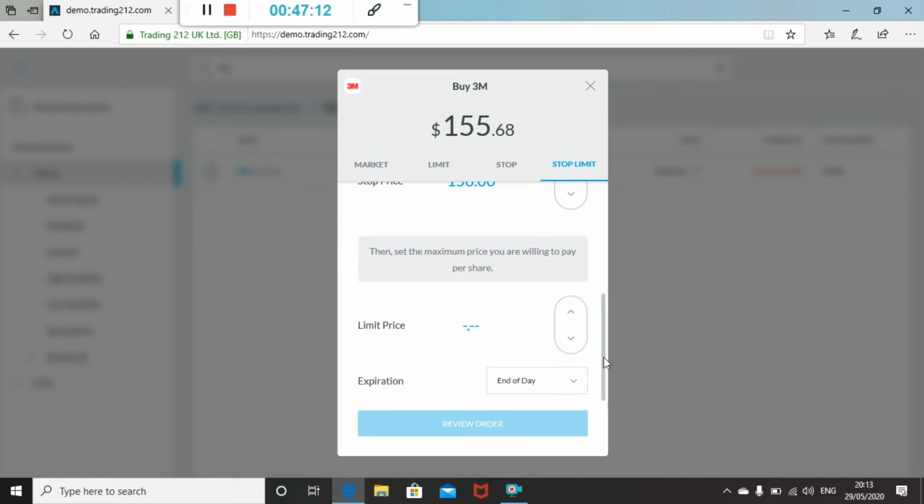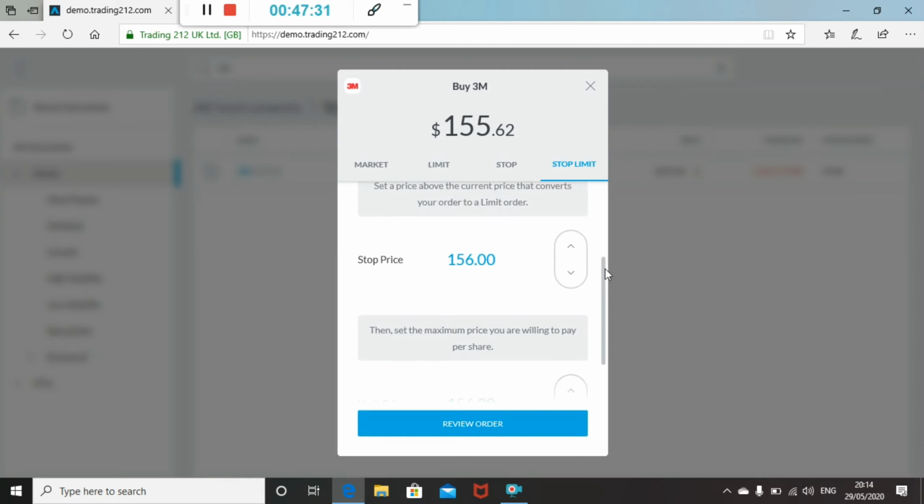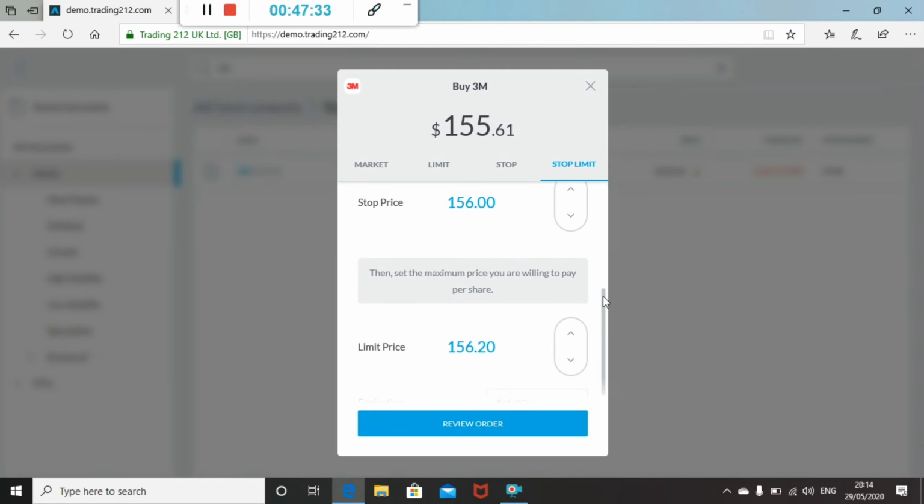If the price at any point hits 156, then we want to buy. But let's say we don't want to pay more than 156.20. There you go. So if the price hits 156, you want to buy, but you don't want to pay more than 156.20. That's how you use that order type.